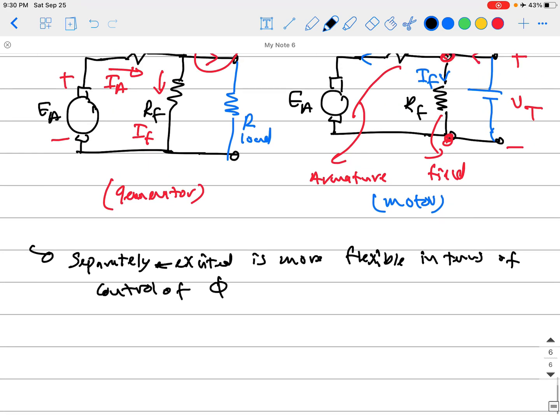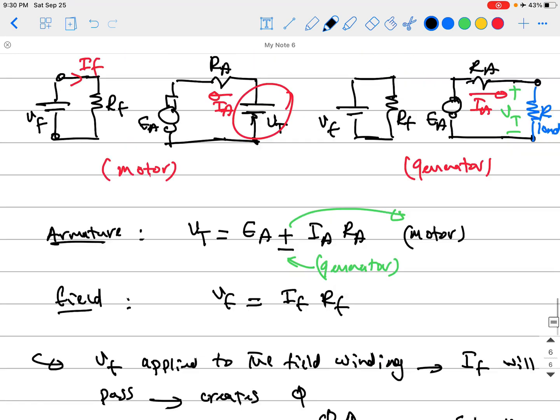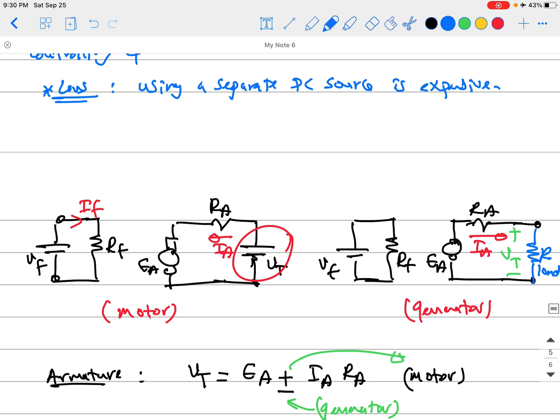Yes? Here, what to do to control the magnetic field? Before, in the separately excited, we needed to do nothing but control this V_F. If you play with V_F, increase it or decrease it, you're increasing or decreasing the I_F, the current, and that increases or decreases the flux.